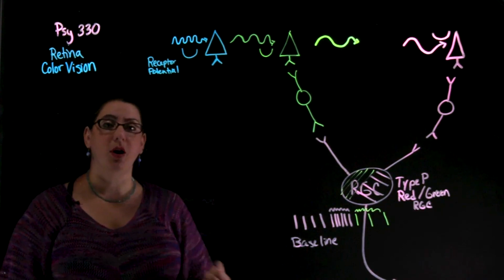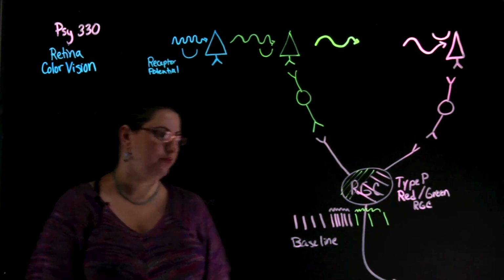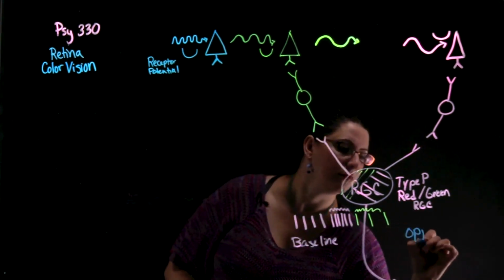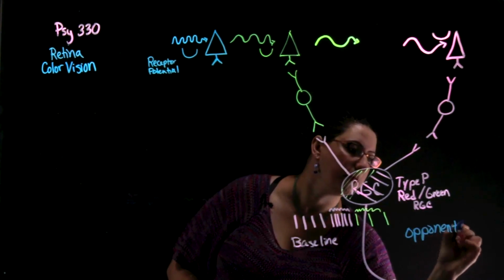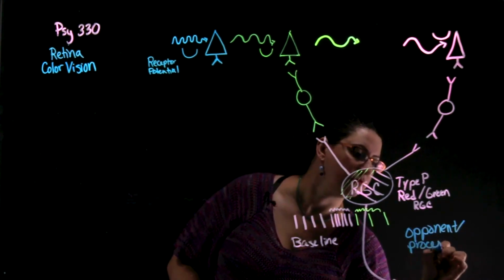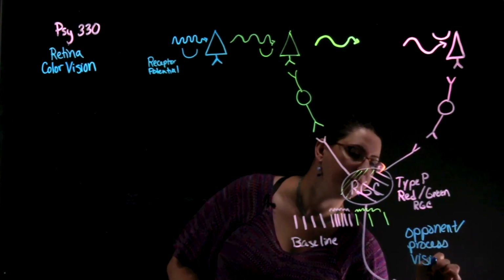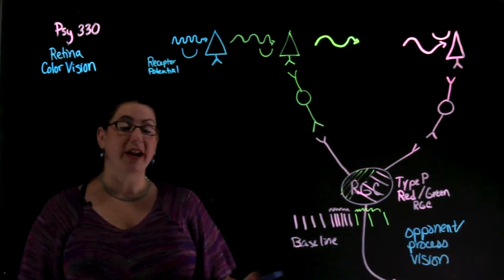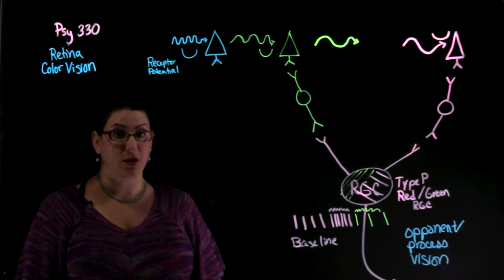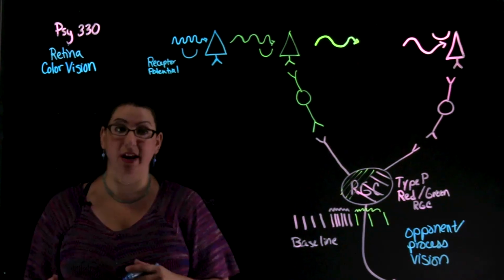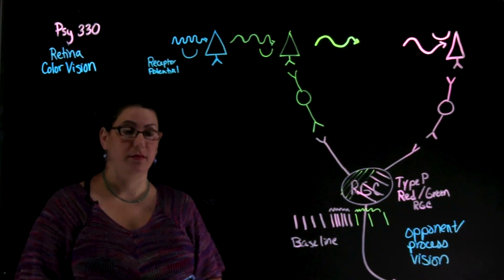This is called opponent process vision. Our retinal ganglion cells use this rate code to tell us if we're seeing red or green.